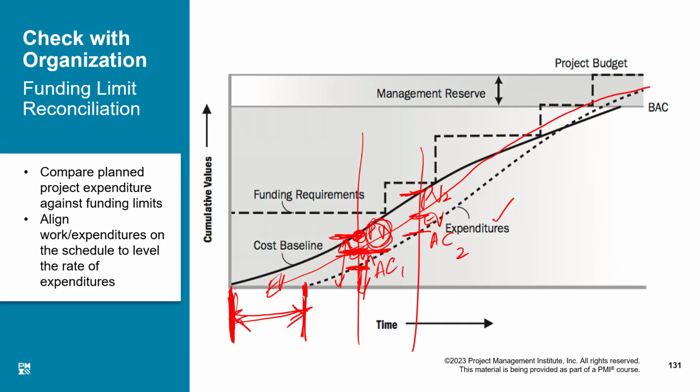According to the accomplishment of work, the work which has been completed so far is EV. If EV, earned value, is less than the planned value, what does that mean? If the EV point is lower than the planned value on this chart, what does that mean?